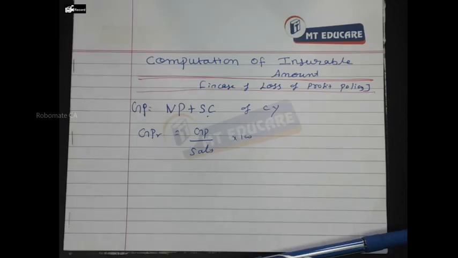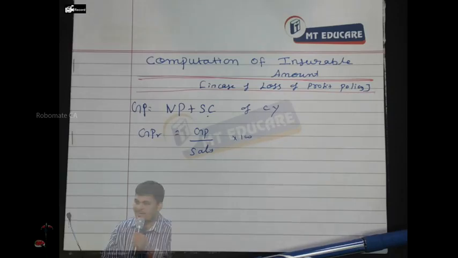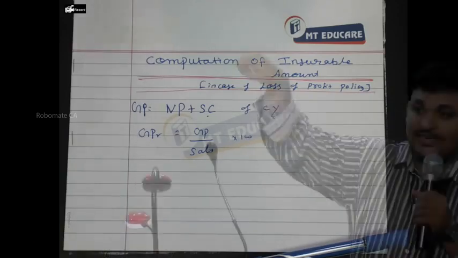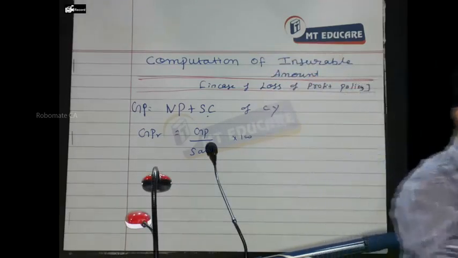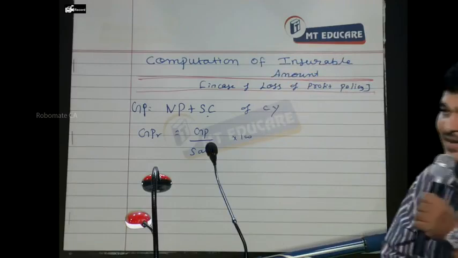After finding this, plus any increase in standing charges. Plus any increase in standing charge, because what you have just insured is only based on the current year standing charges, correct? And usually we assume standing charges from one year to another remain the same.